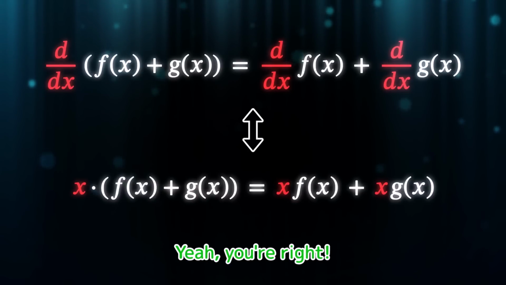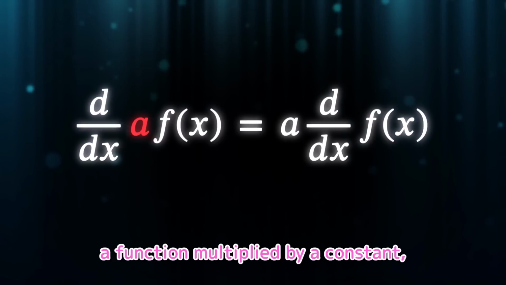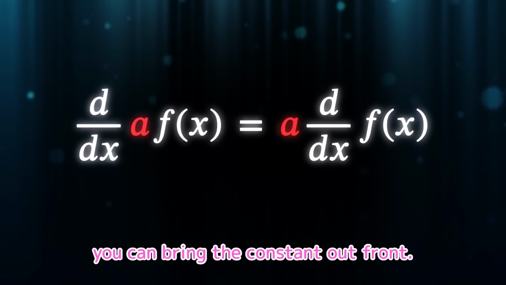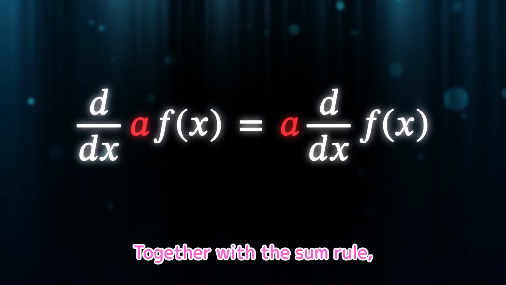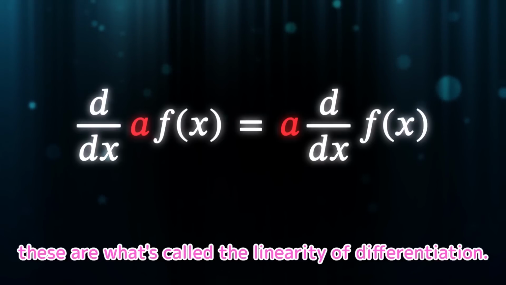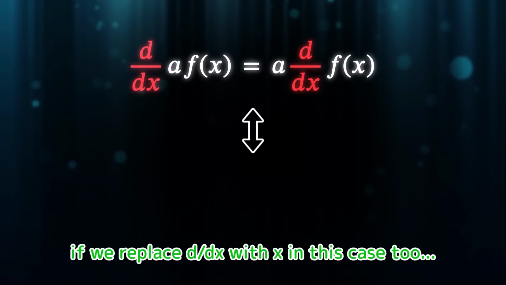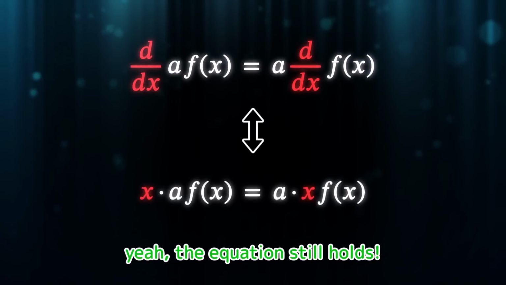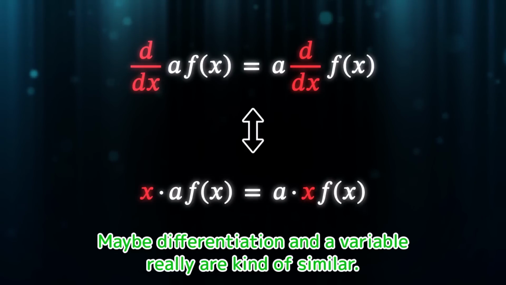Yeah, you're right. Also, when differentiating a function multiplied by a constant, you can bring the constant out front. Together with the sum rule, these are what's called the linearity of differentiation. Wait a second. If we replace d by dx with x in this case too, yeah, the equation still holds. I see, maybe differentiation and a variable really are kind of similar.